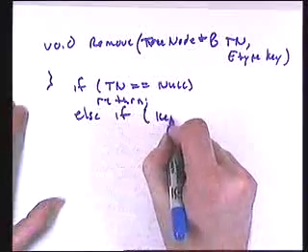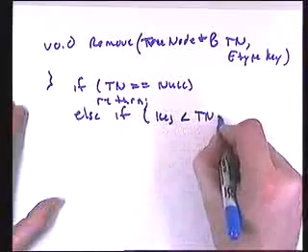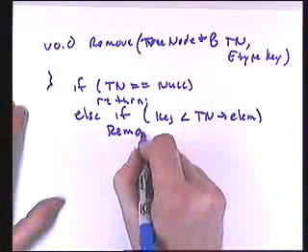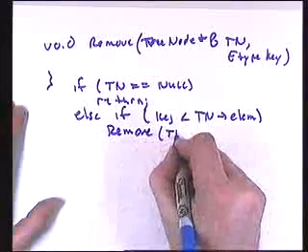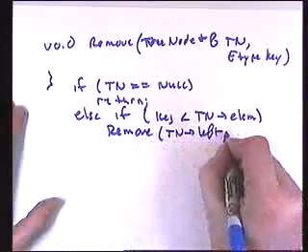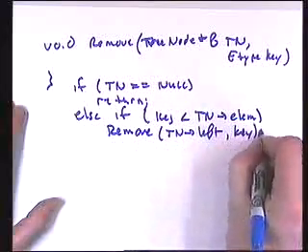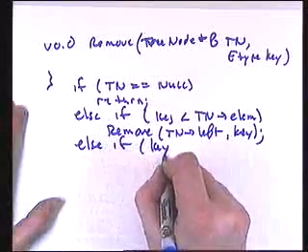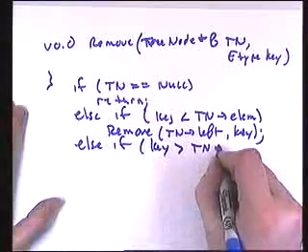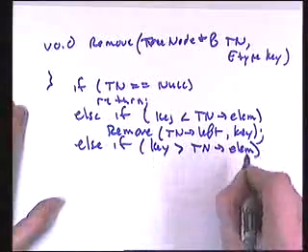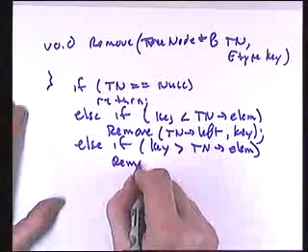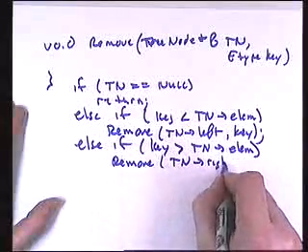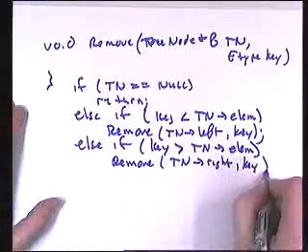Otherwise, if key is less than tn arrow element, then you call remove on the left subtree, much like with insert. Otherwise, if key is greater than tn element, then you call remove on tn right with key.